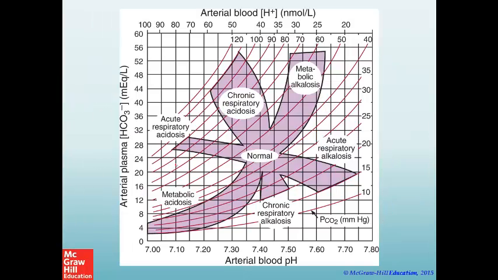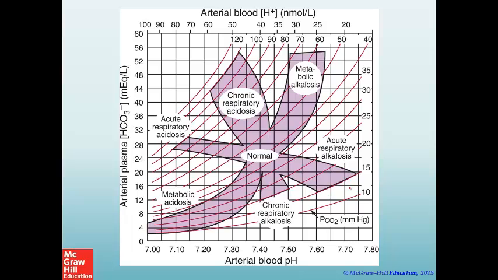Which brings us to what's called the Davenport diagram. We're going to get into diagnosing acid-base disturbances when we talk about the renal system. And this is kind of a quick and dirty chart that some clinicians will carry around with them in their peripheral brain or on their cell phone or something.